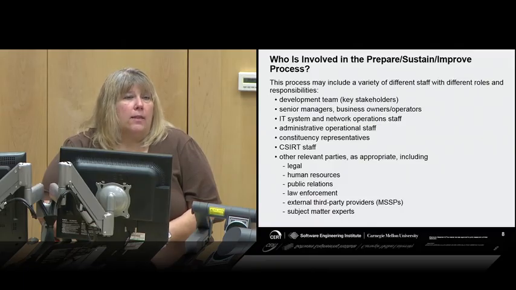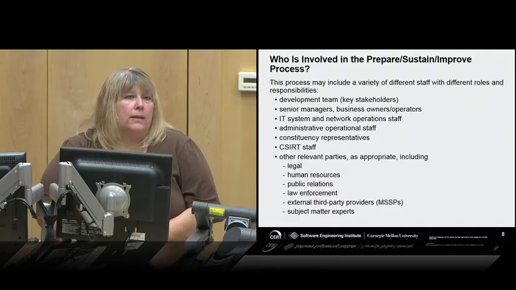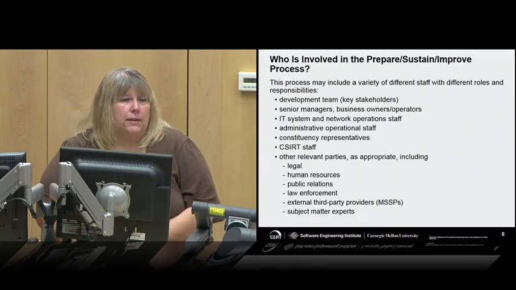And there may be inputs from legal on what type of activities can and cannot be done as far as keeping compliance with any type of rules, regulations, mandates, keeping compliant with any organizational policies, and also ensuring that employee and constituent civil rights and liberties and privacy is protected.